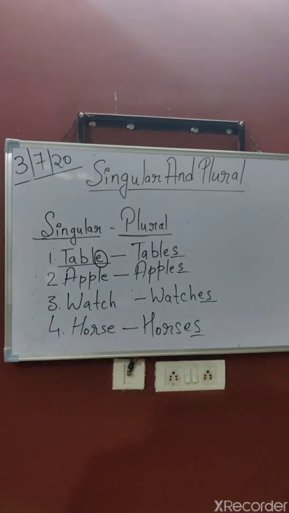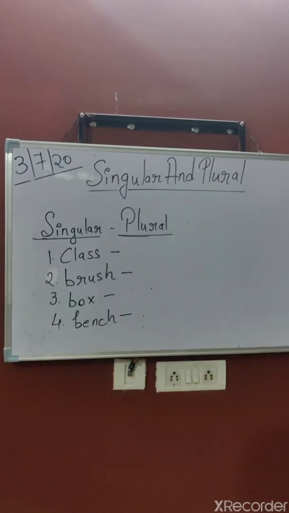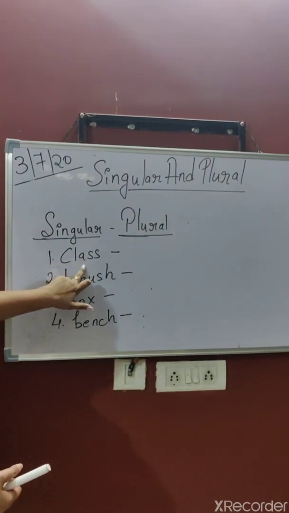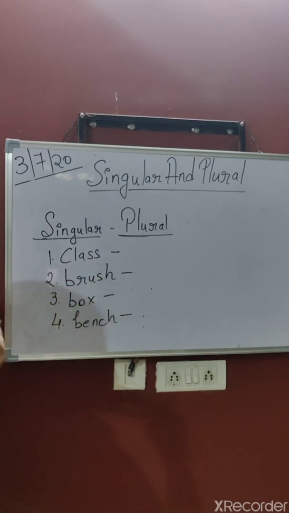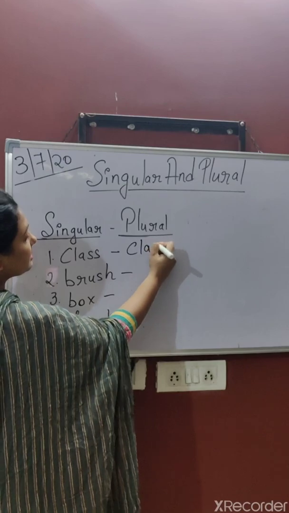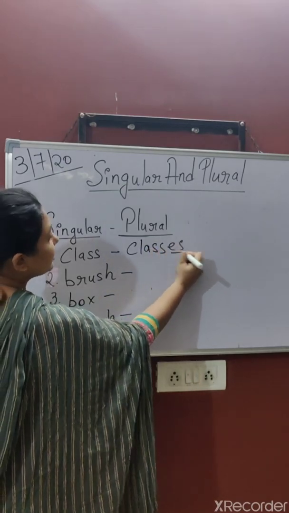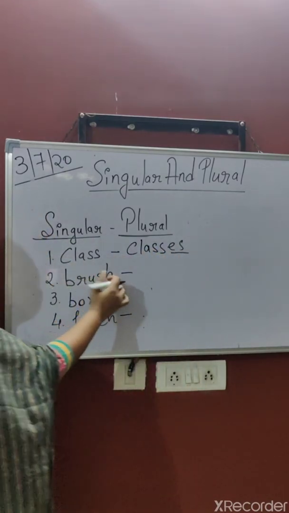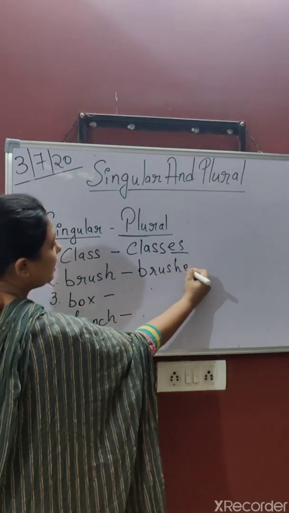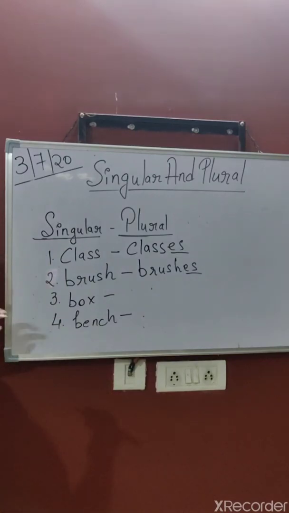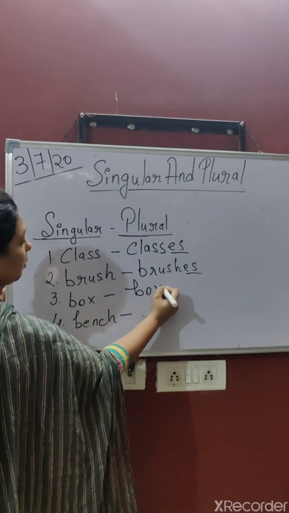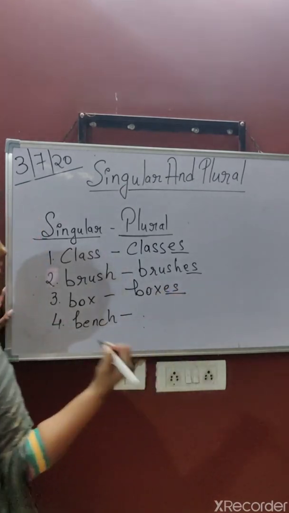Now for more examples, class, C-L-A-S-S, class. So the plural form of class is classes, S-S-E-S, classes. Brush, brushes, B-R-U-S-H-E-S. Number 3, box, boxes, B-O-X-E-S.